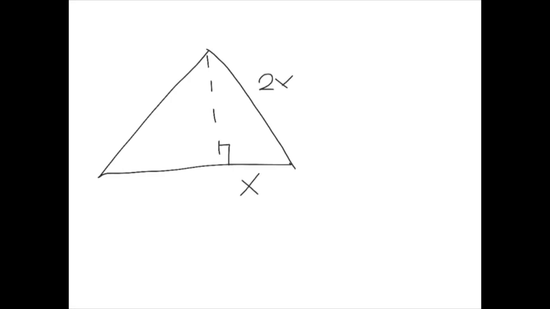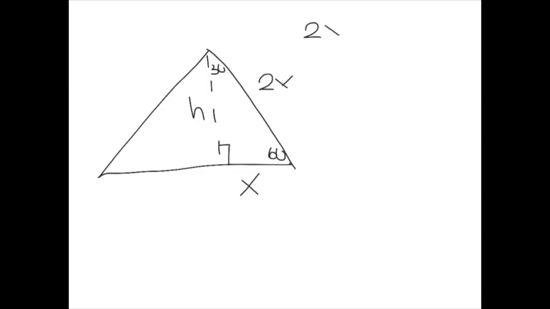30, 60, 90. To show how it is formed, this is an equilateral triangle. Let's say each side is 2x. That means this would be x, this would be 30 degrees, and this would be 60 degrees. To find h, we would have to go to Pythagorean theorem again.